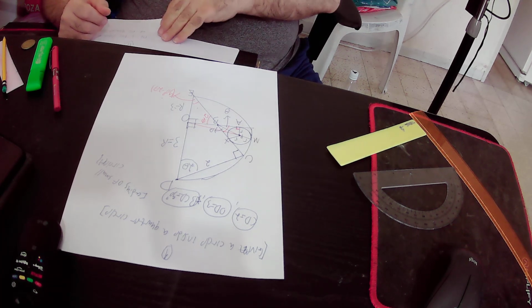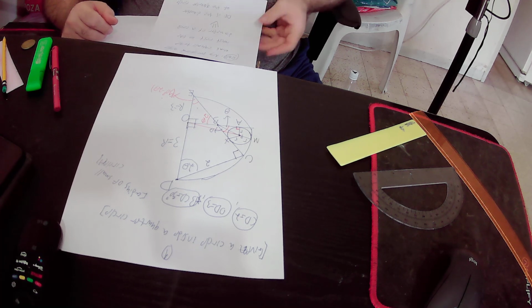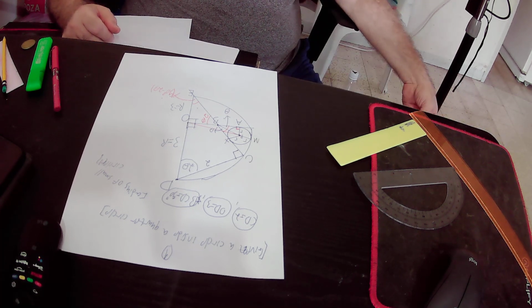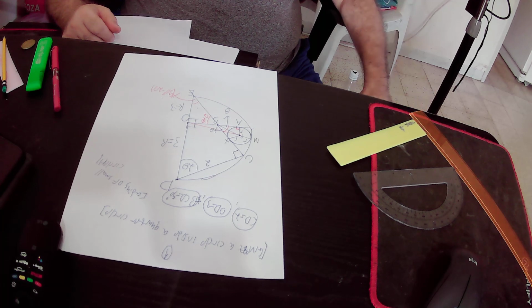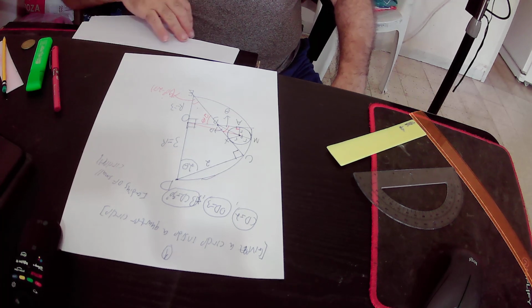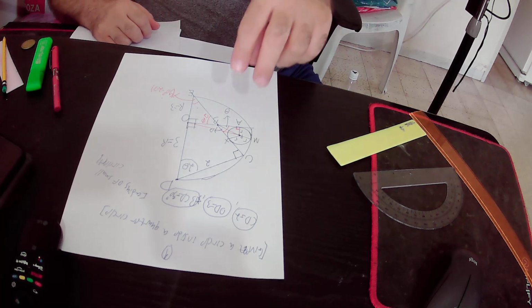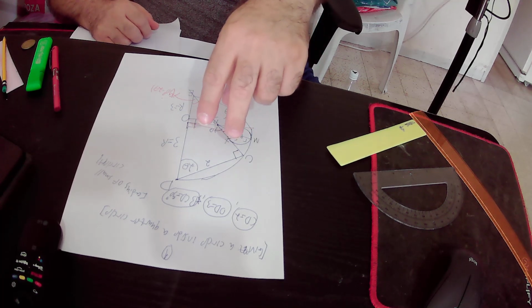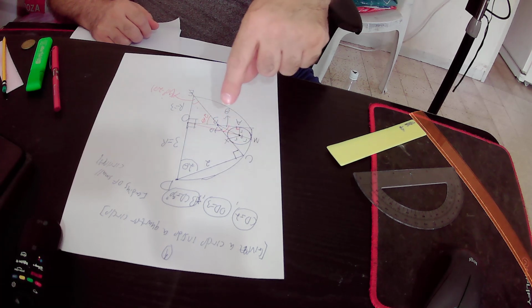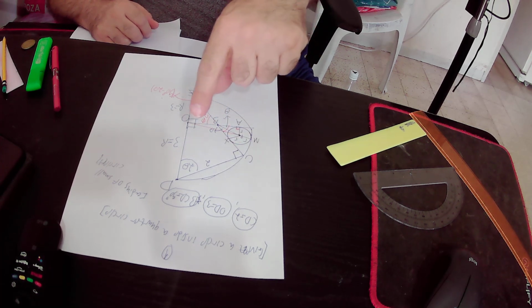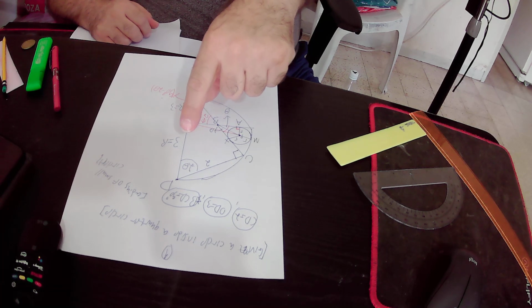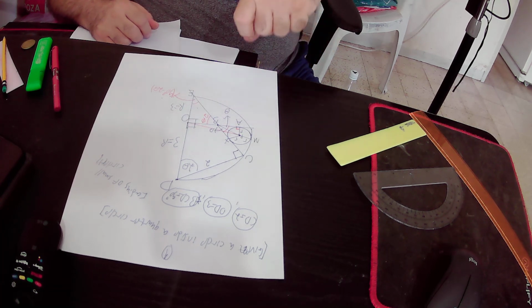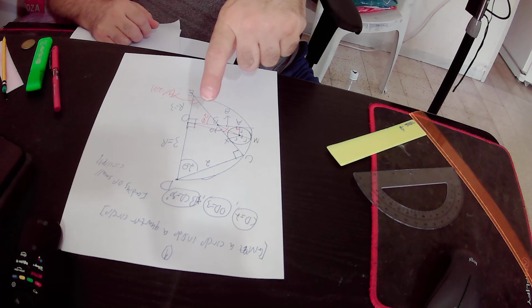Okay? And this shape is a quarter circle, therefore DO is the radius of the circle, and we know that DE is the diameter of the quarter circle.